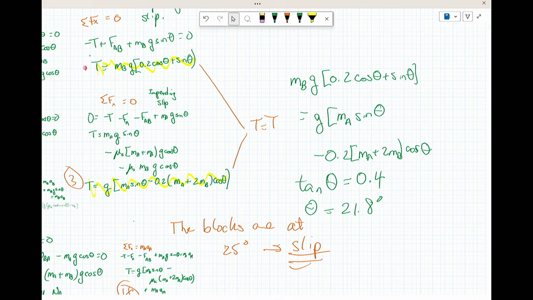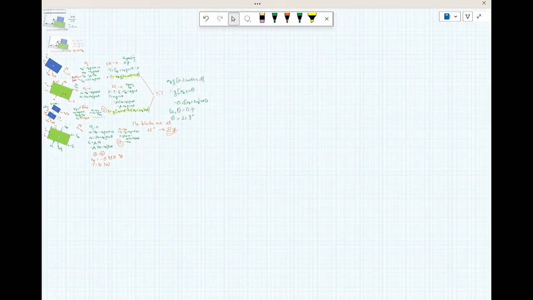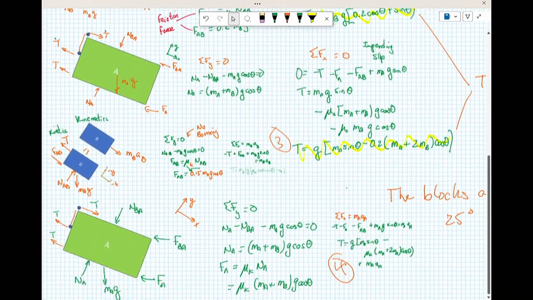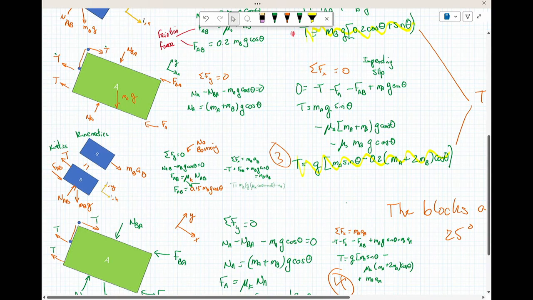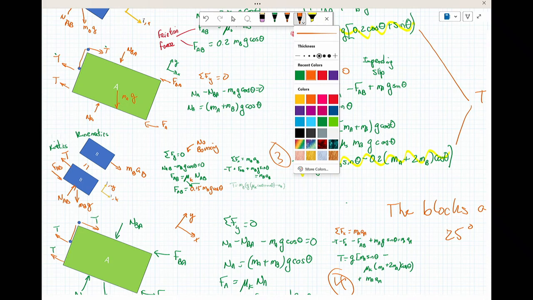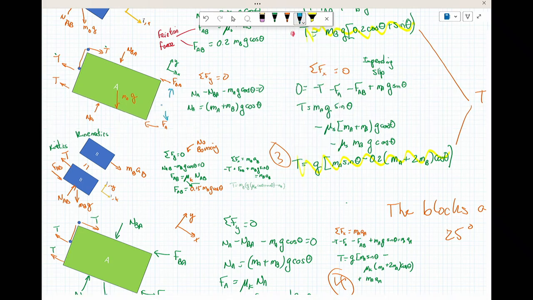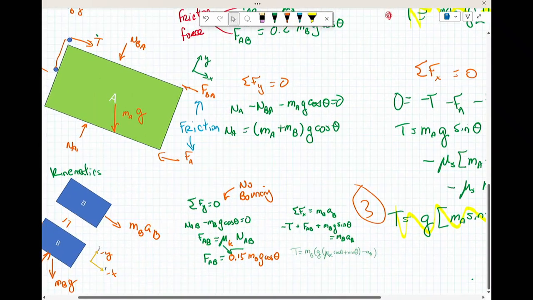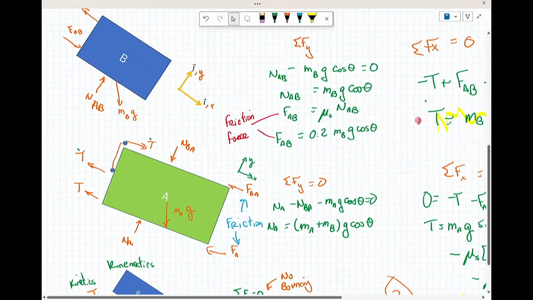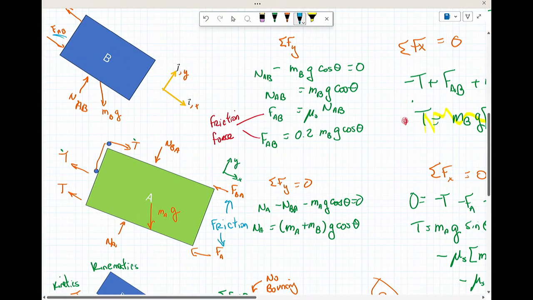Is that what you used when you drew the free body diagram for A, when you pointed FA towards the left? Which one? So FA is the friction force. But FBA, you'll notice again, is opposed to FA.